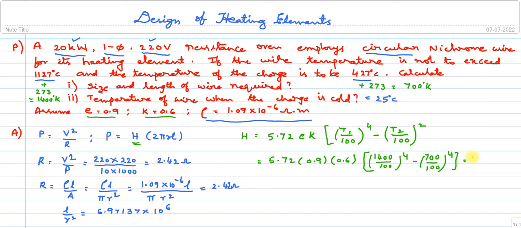So this comes around 111,243 watt per meter square. Now I can happily substitute this value in this second power equation, so power will be equal to 20 kilowatt.